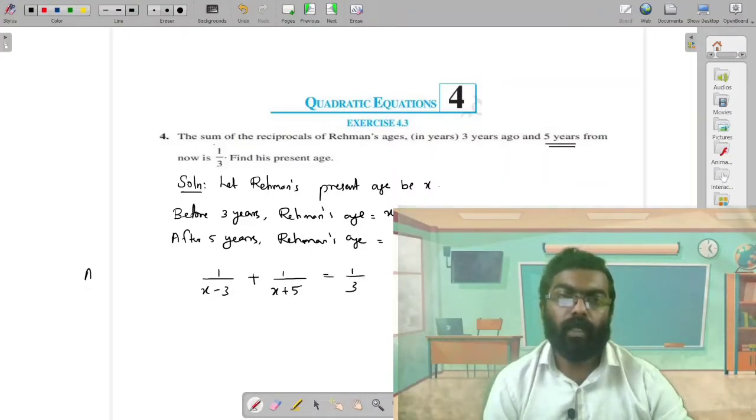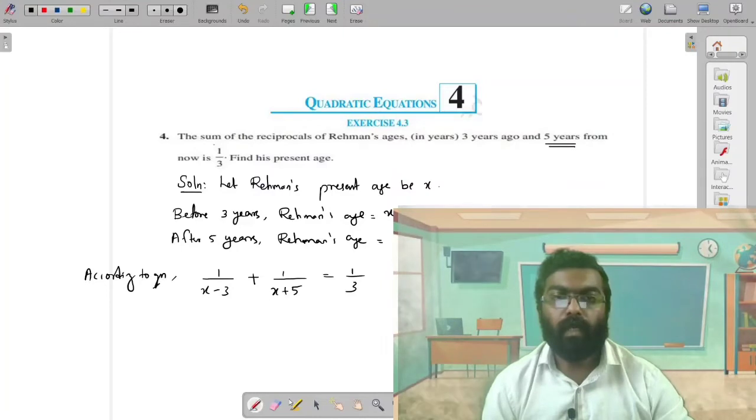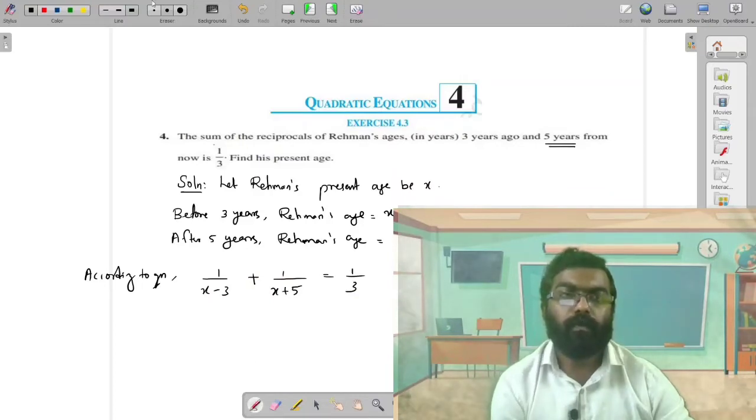So according to the question, we can write 1 by x minus 3 plus 1 by x plus 5 is equal to 1 by 3.